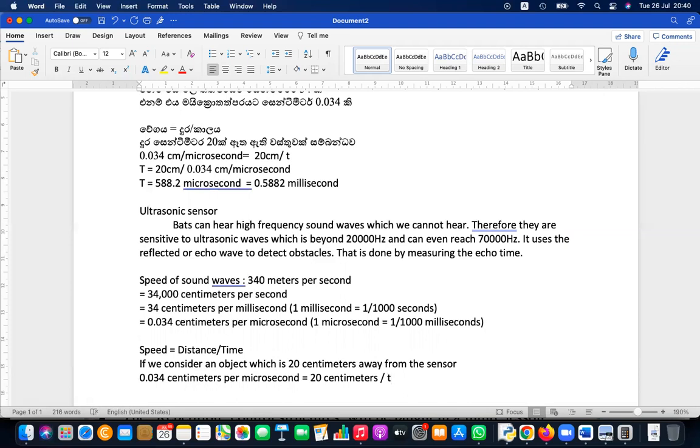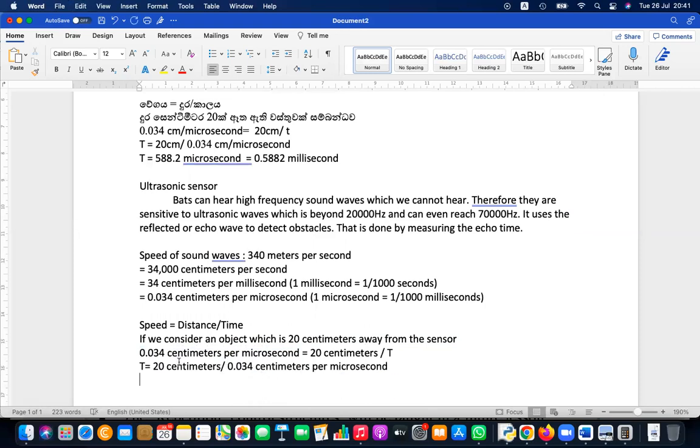So this t can be taken to the other side, and you can say t equals 20 centimeters divided by 0.034 centimeters per microsecond. You can cancel centimeters with centimeters, and t will be equal to 588.2, and the answer comes in microseconds.